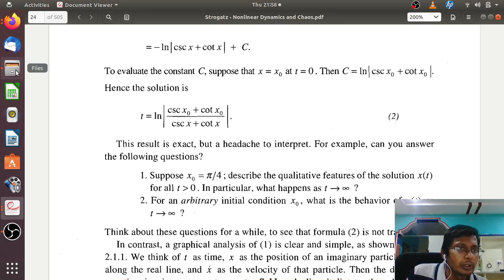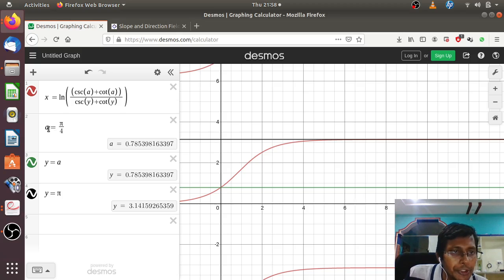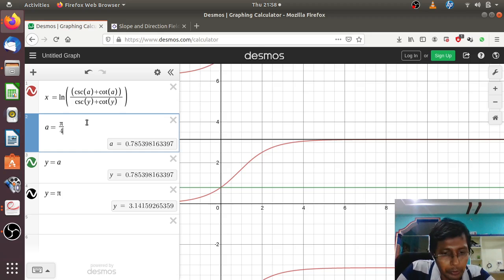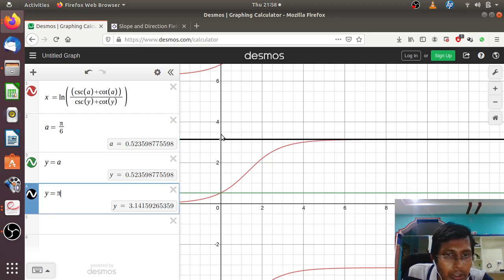Let's see whether we get the same solution if I change a, which is the initial condition. So instead of pi by 4, let me put pi by 6. Yes, it seems like even for pi by 6 it's approaching the same value.